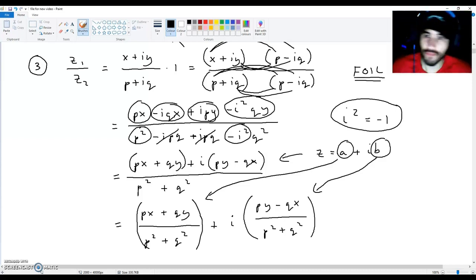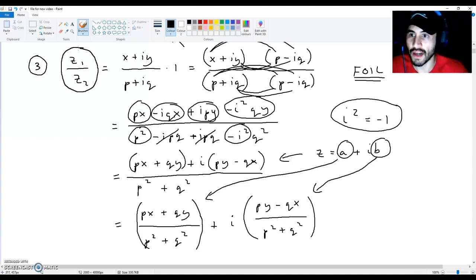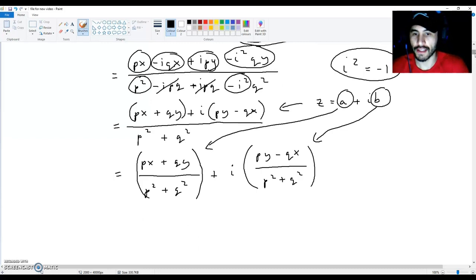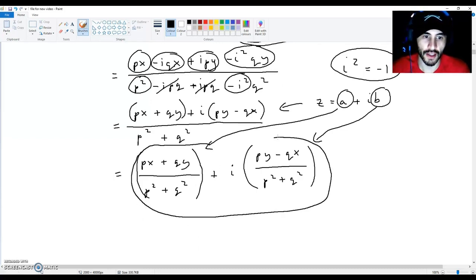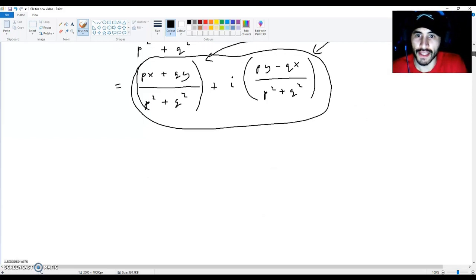we've got Z1 over Z2. Now we can find its magnitude, and we'll need to find it in order to get our proof. We know that Z1 over Z2 is this chunky complex equation over here. Now let's get its magnitude.